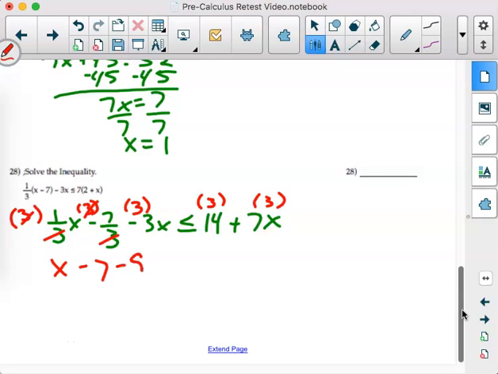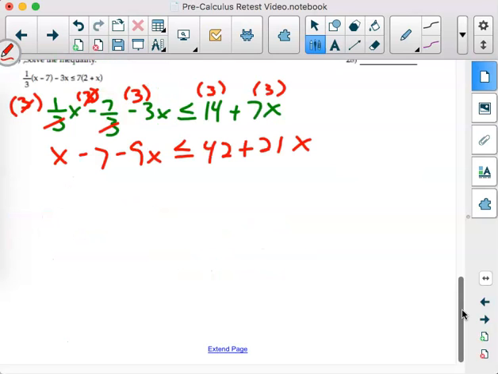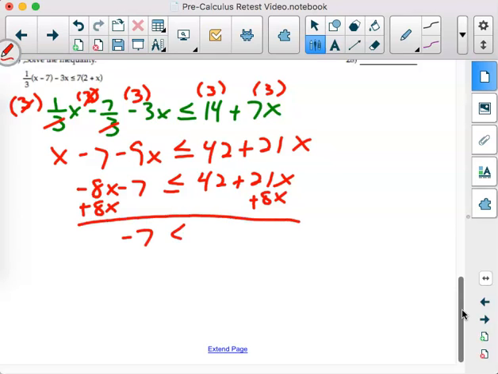3's here won't cancel out. We'll get minus 9x less than or equal to 42 plus 21x. So now no more fractions. And you can combine some like terms. And then we can add 8x to both sides. Subtract 42 from both sides.